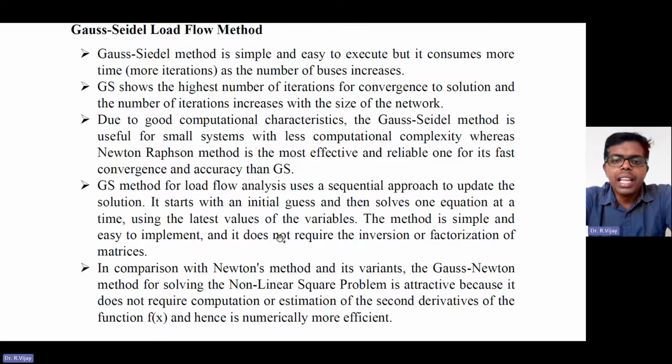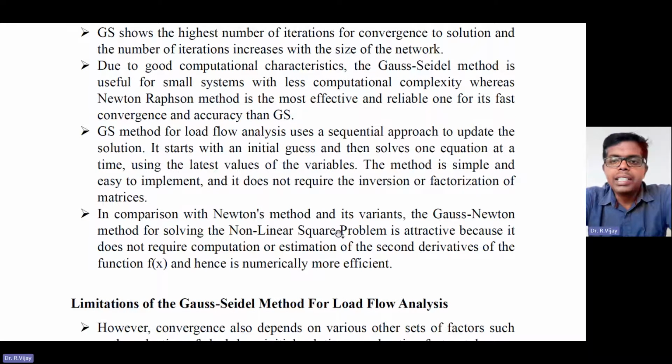In comparison with the Newton method and its variants, the Gauss-Newton method for solving nonlinear least squares problems is attractive because it does not require any computation or estimation of second derivatives of the function f of x, and hence it is numerically more efficient.